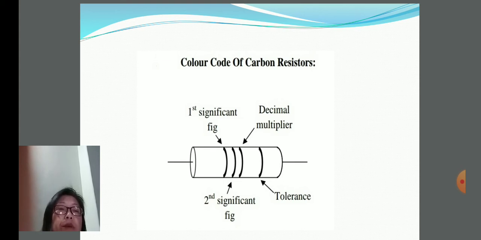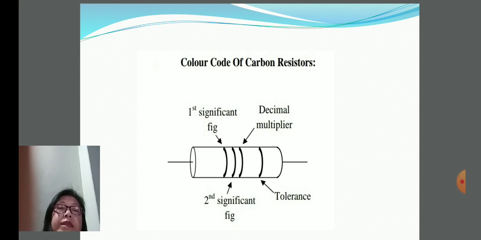The color code of carbon resistor. The color code is used to indicate the resistance value of the carbon resistors and its percentage of accuracy. Here in this diagram, I am showing a carbon resistor, and here I have drawn 4 rings.